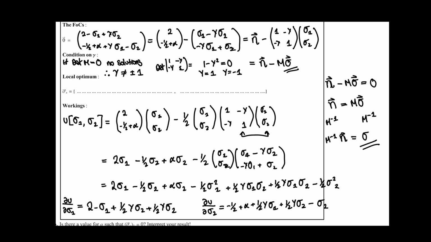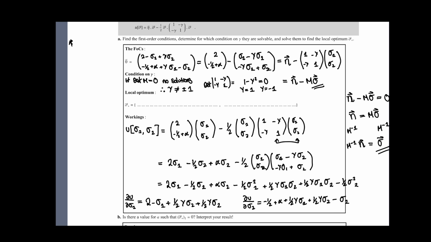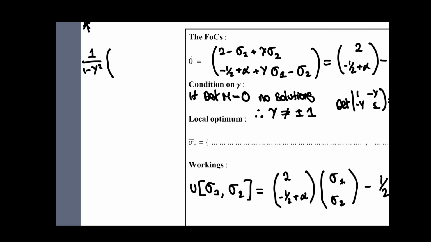So this is what we need to solve for to find the optimum. If I jot that down over here, the inverse of the matrix M would be 1 over 1 minus y squared, times the matrix 1, y, y, 1, and we multiply that by (2 minus a half, plus alpha). So then we get 1 over 1 minus y squared.